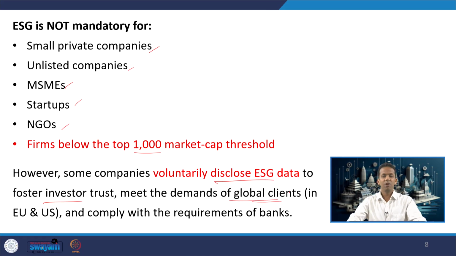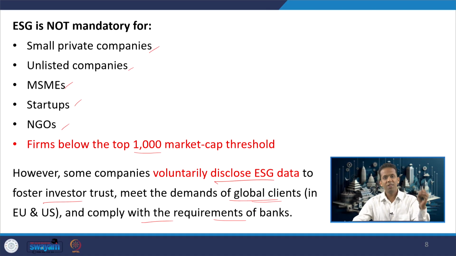Many companies, even though they are small in market capitalization, would have golden clients outside India, and for them, if a company has an ESG report in the open, it builds more trust, and it also helps comply with the requirements of the banks. Some of the banks in India or abroad would give loans or lend money only to those companies which disclose their ESG data or have ESG metrics to check.